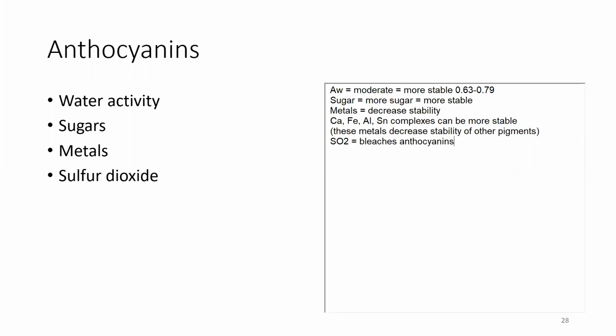A really good example is maraschino cherries. You know those cherries you put on top of an ice cream sundae? Those cherries are colored with anthocyanins. If it's a berry, it's anthocyanins. So a cherry would be colored with anthocyanins.